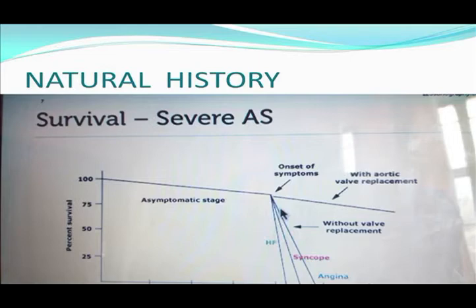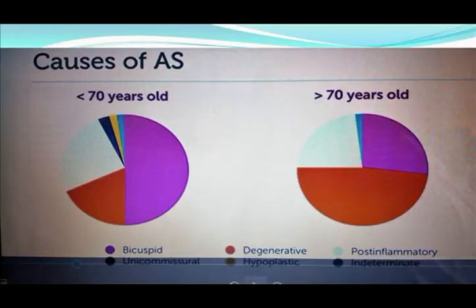Now, the causes. Usually a client seen with aortic stenosis who is less than 50 years, most likely this is a congenital aortic stenosis or narrowing of the aortic valve, which with time becomes calcified and the stenosis becomes worse.